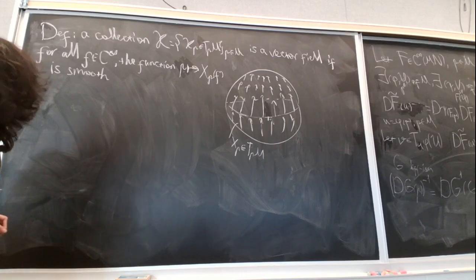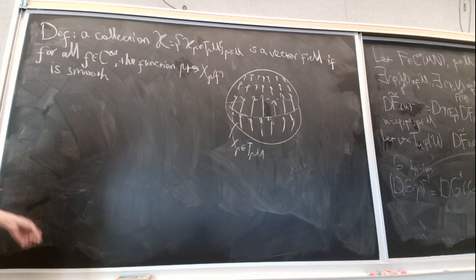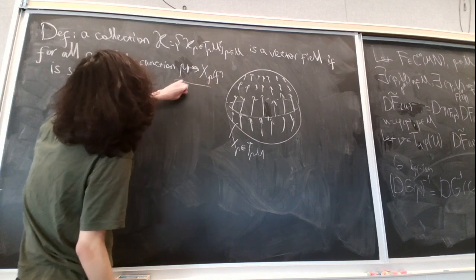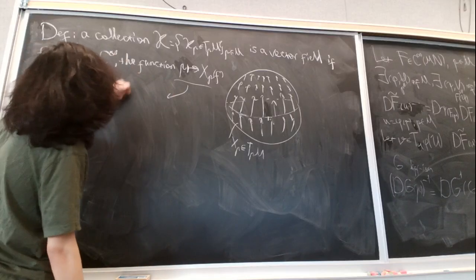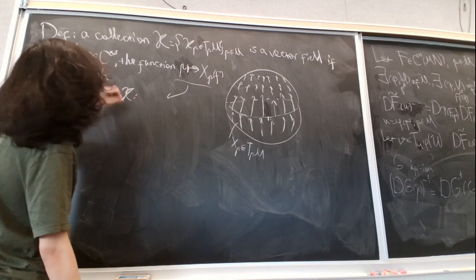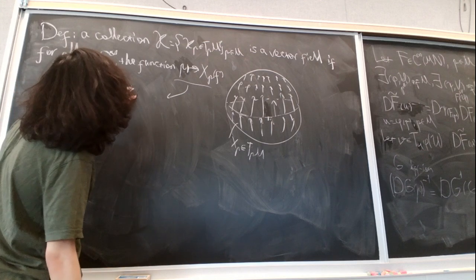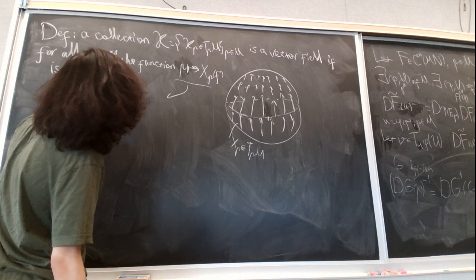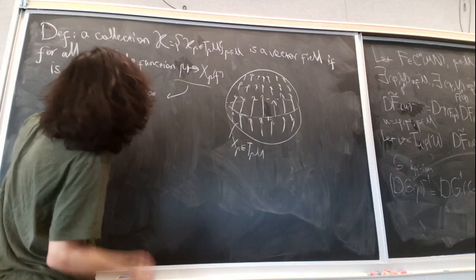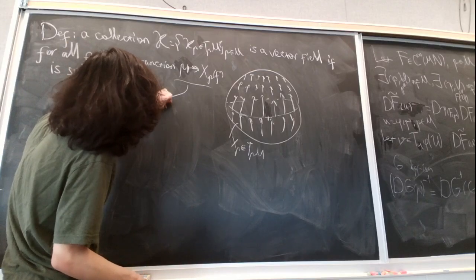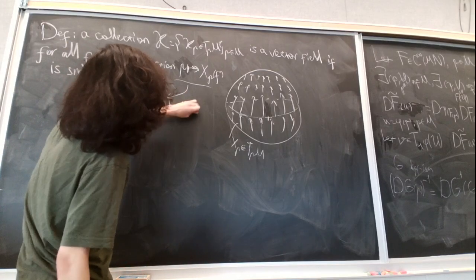So this function right here, written X, is a function that takes smooth functions and gives you smooth functions.